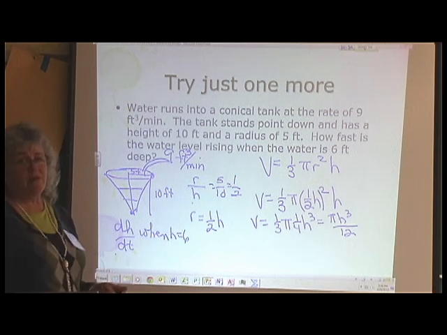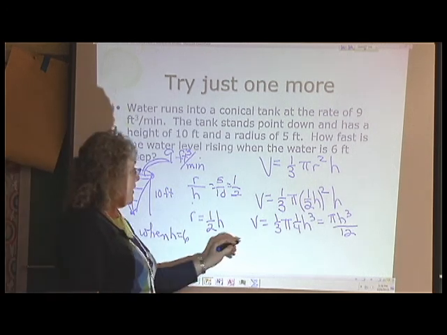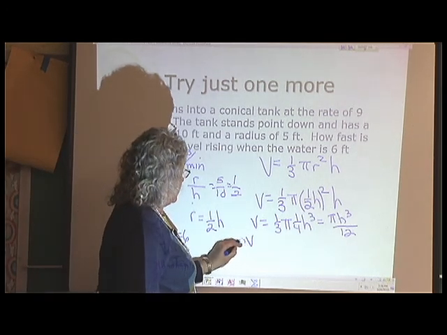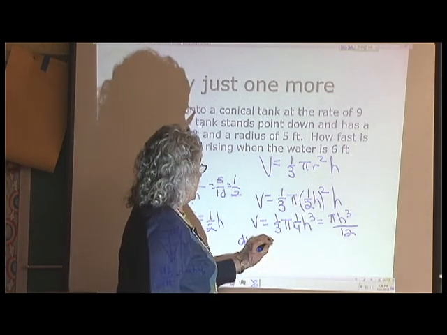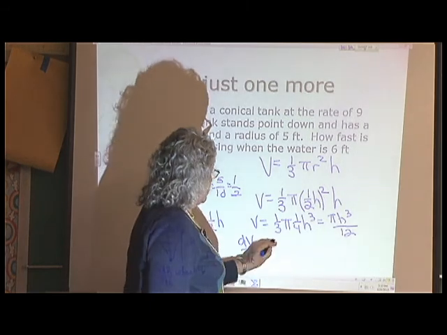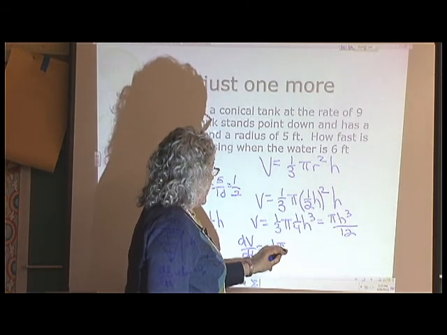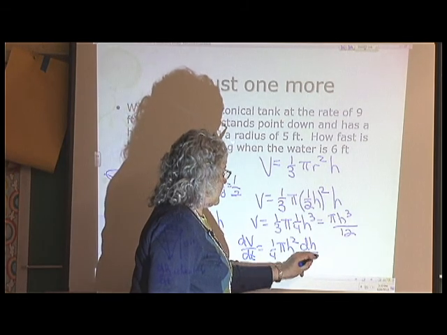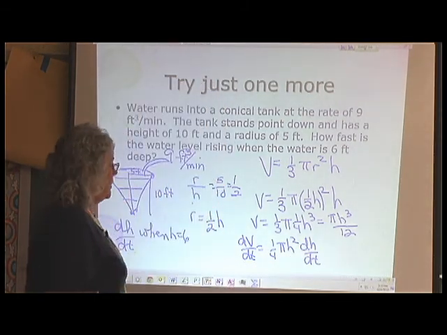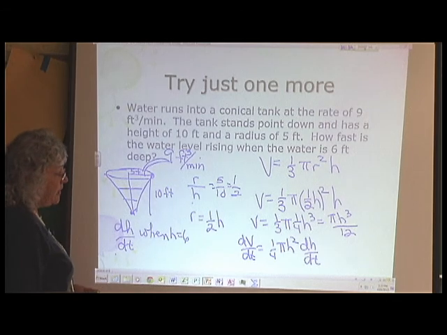Now I have one variable. And if I take the derivative, dv dt equals, bring the 3 down, so that's 1/4 pi h squared dh dt. And I just have to plug in all my numbers now.